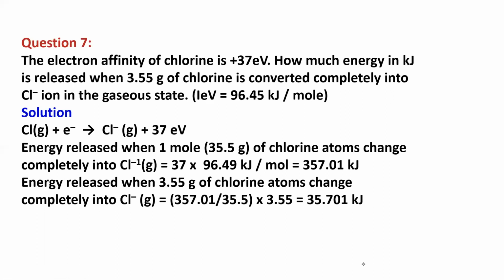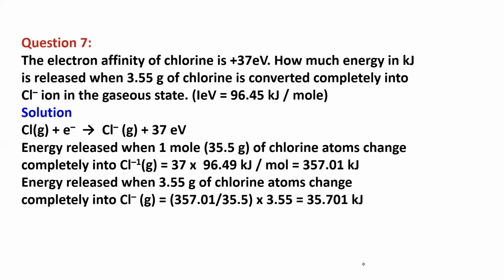So chlorine gains an electron and forms Cl minus, giving out energy of 37 electron volts. The energy released when 1 mole, 35.5 grams, of chlorine atoms changes completely into Cl minus is 37 into 96.49 kilojoules per mole, which comes to around 357.01 kilojoules.